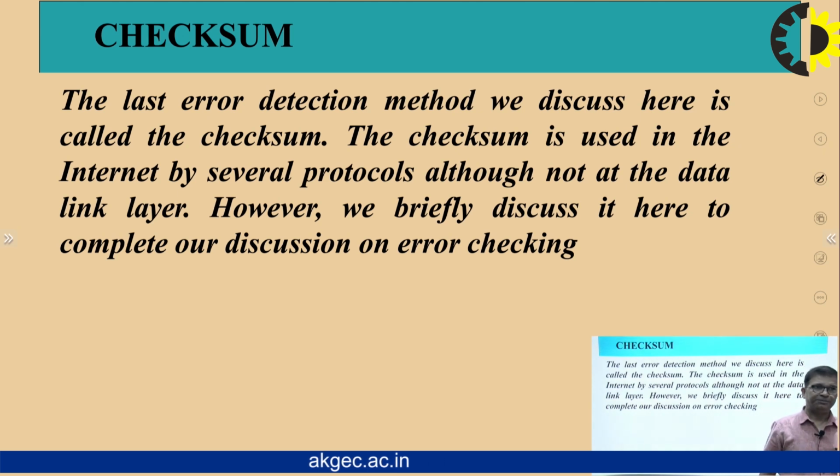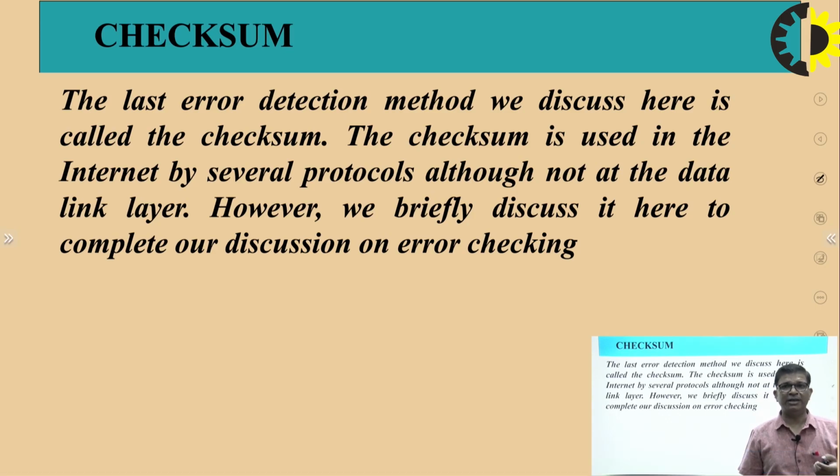Now the checksum. Checksum is very easy, but this checksum can be used in many of the frame formats. If you study ARP, if you study IP, if you study TCP, the checksum is used. Checksum is what?